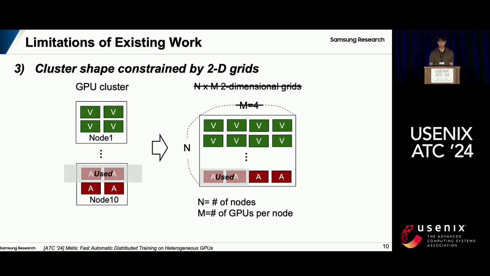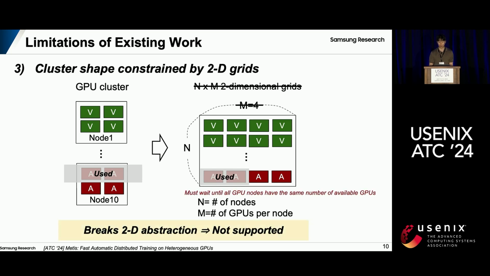However, this two-dimensional abstraction can be broken if some of the GPUs are being used in a node or the number of GPUs per node is different. This situation is more prevalent in a heterogeneous GPU cluster than in a homogeneous GPU cluster because of the heterogeneity in GPU demand and number. Therefore, they must wait for a long time to execute a distributed training job on a heterogeneous GPU cluster until all GPU nodes have the same number of available GPUs.